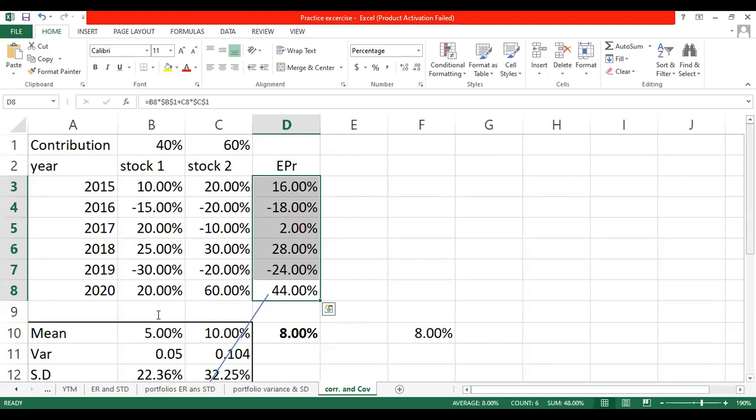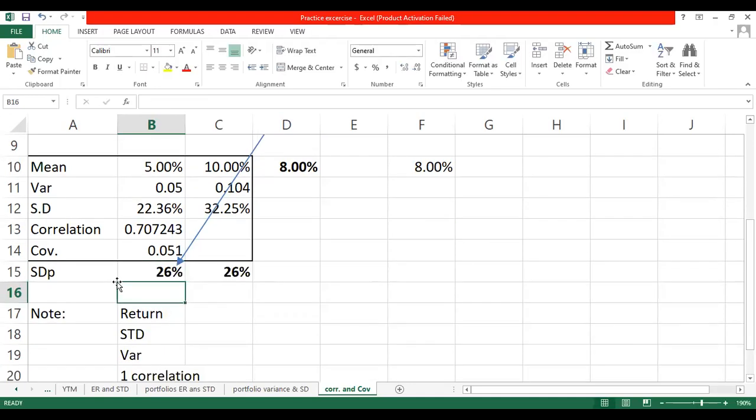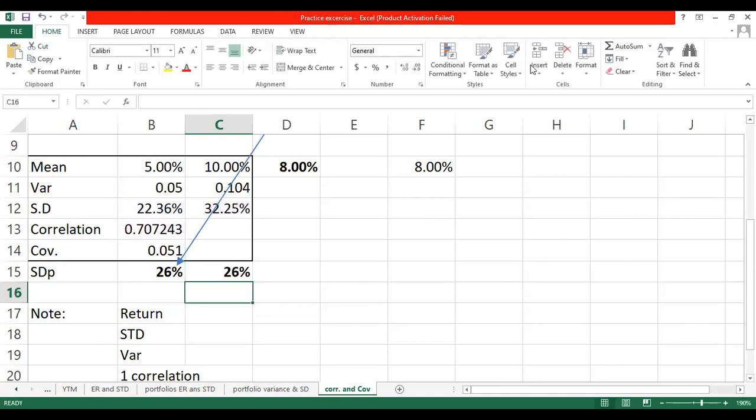Just apply is equal to standard deviation, select the expected return portfolio column, and you will get 26% standard deviation there.